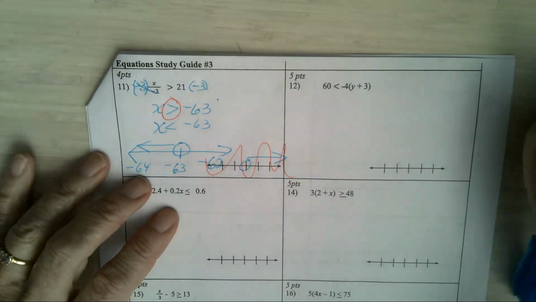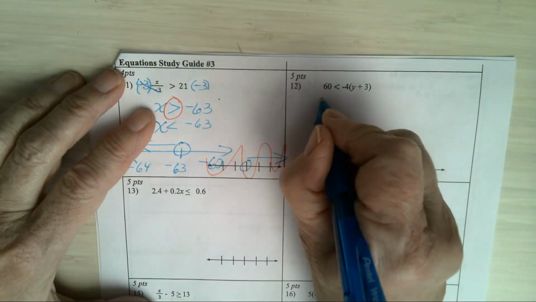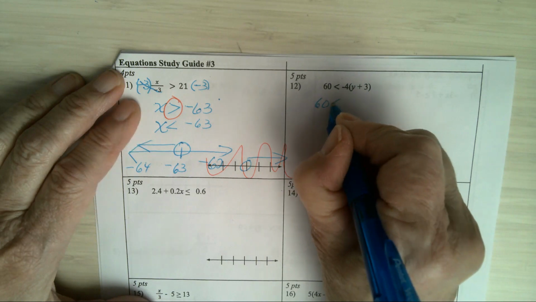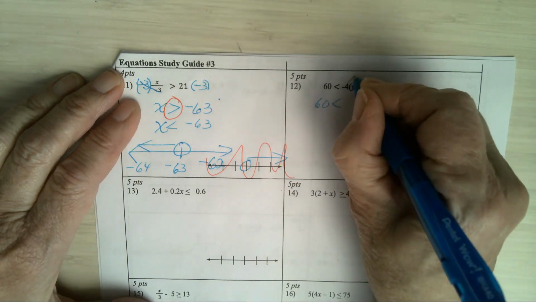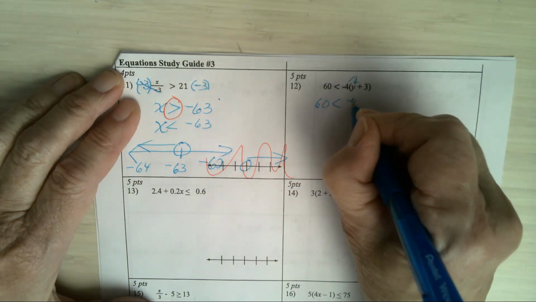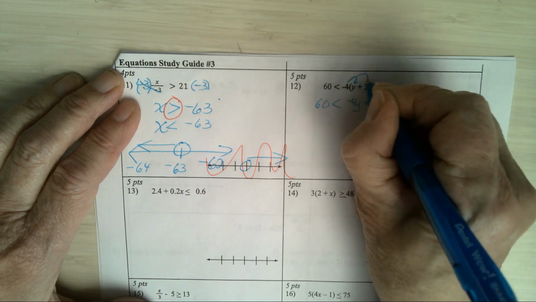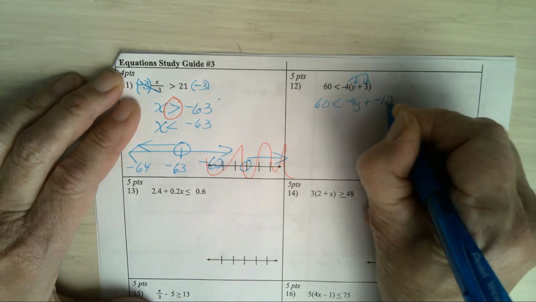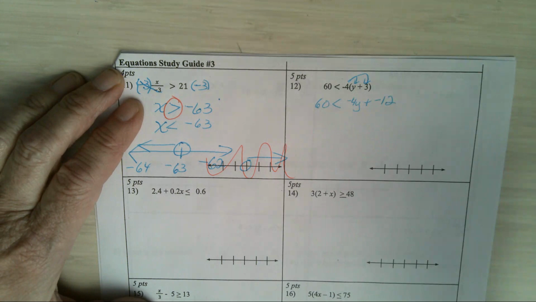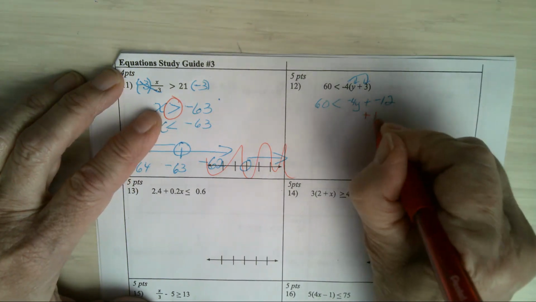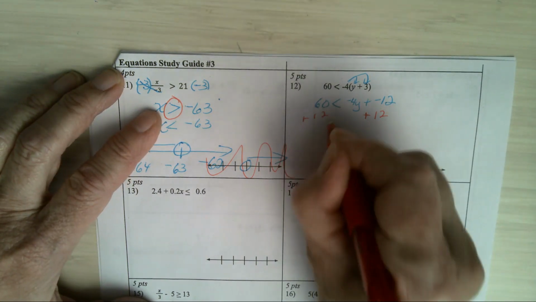In this problem, you're going to have 60 is less than -4 times y plus -4 times 3 is -12. Add 12, add 12.